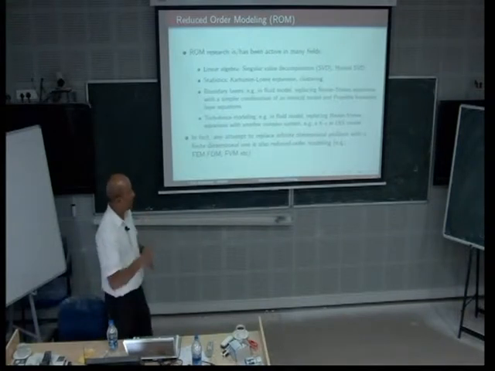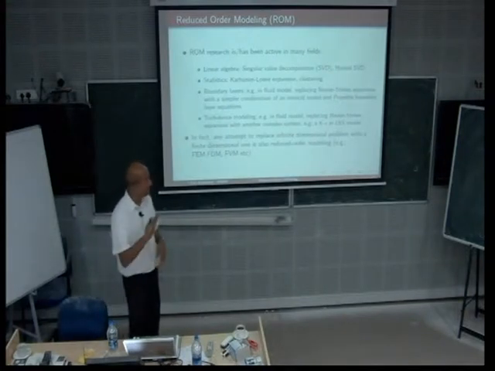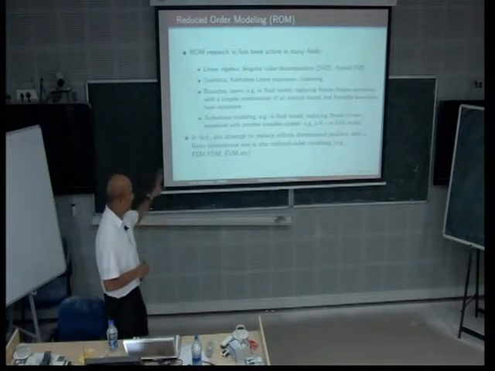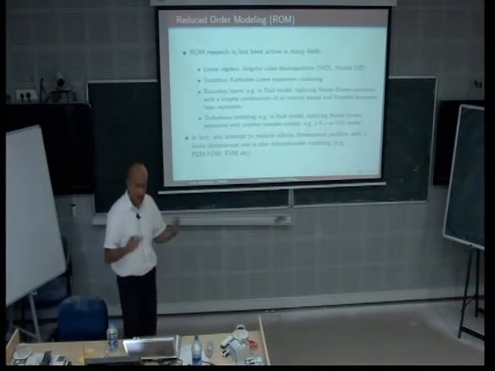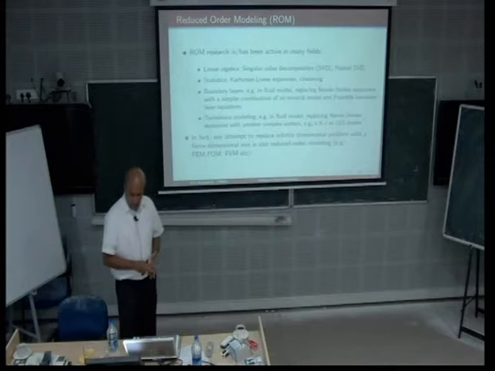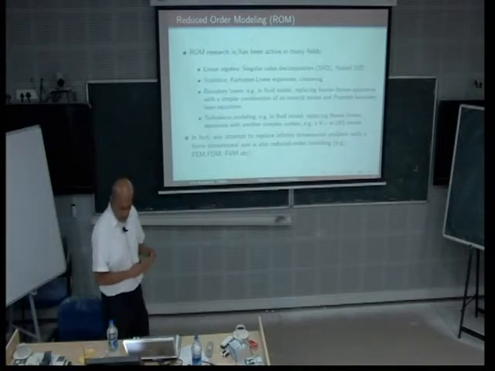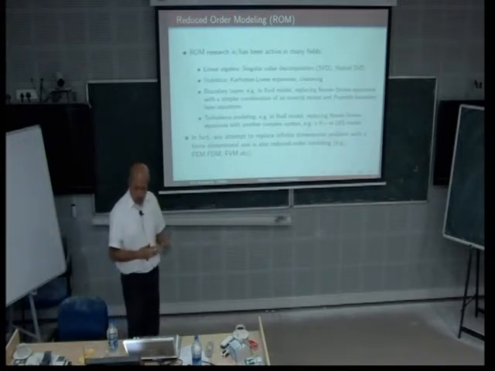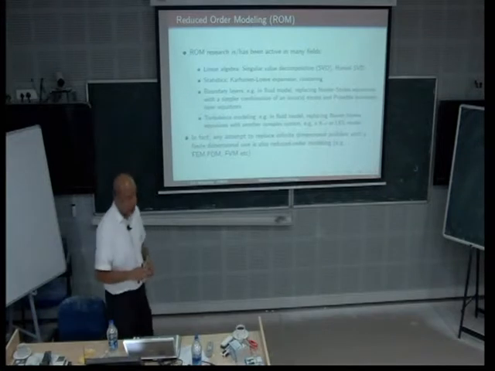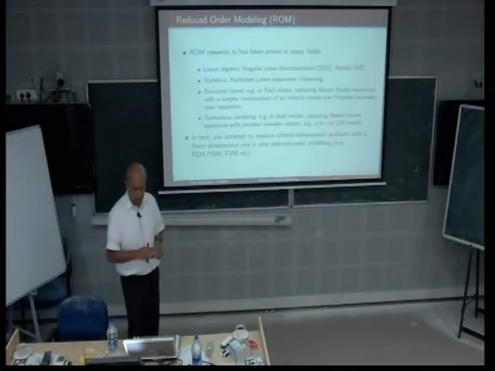In the old days, people used this kind of combination of different models to model fluid flows instead of solving the Navier-Stokes equation. They would use some interface to match these two solutions.